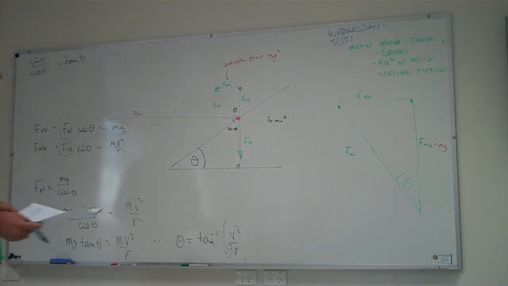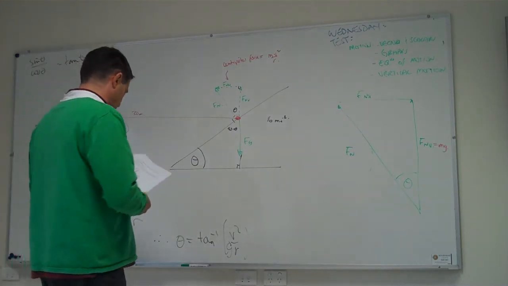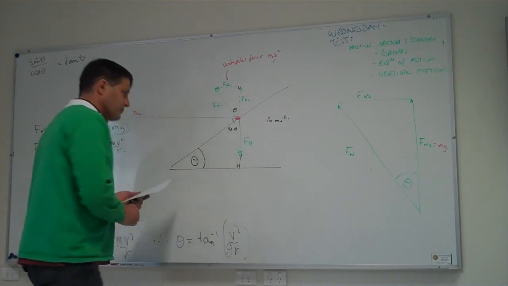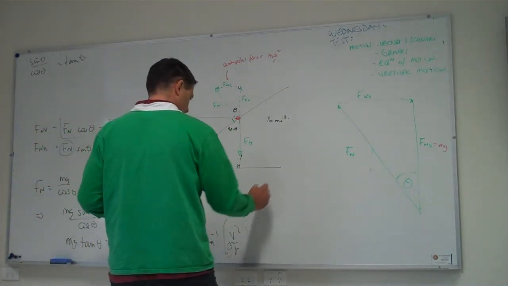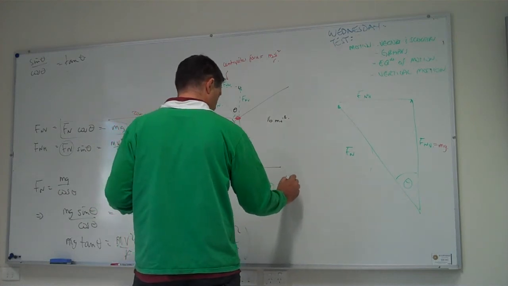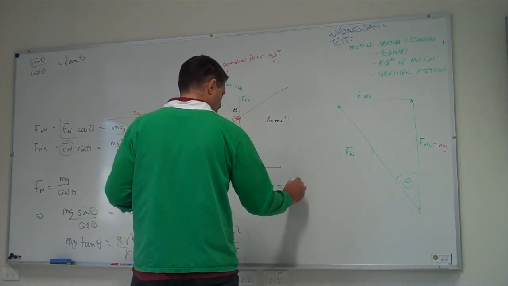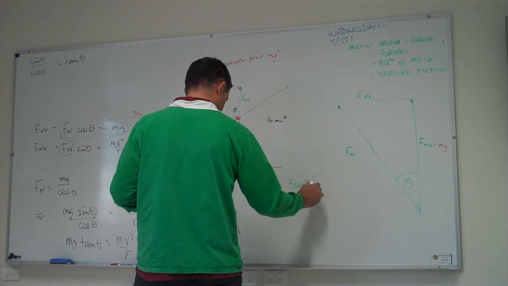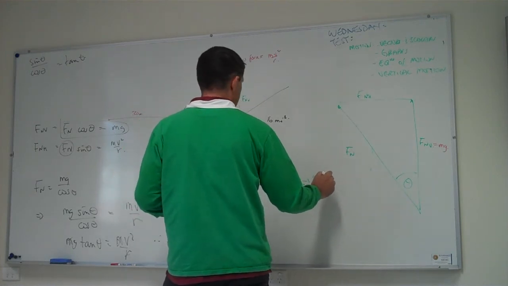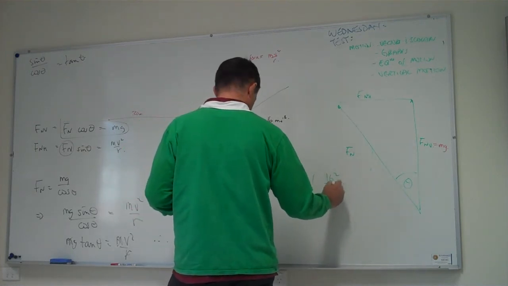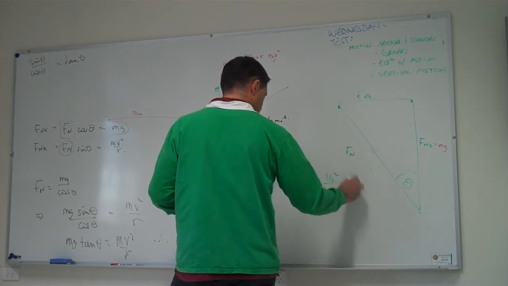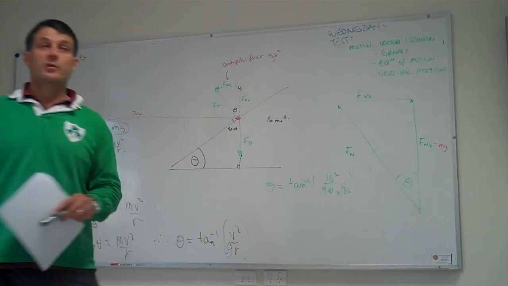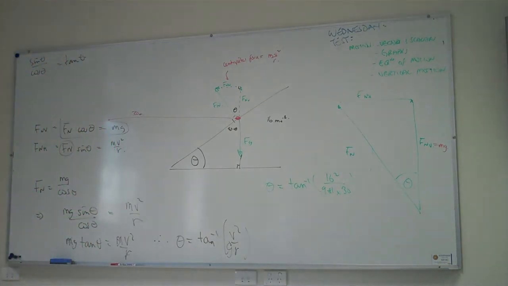So in order to find this out, tan to the minus 1, v squared, what did we say that was, 16, on 9.81 times 30. If you work that one out, you'll be able to find out what the angle is.